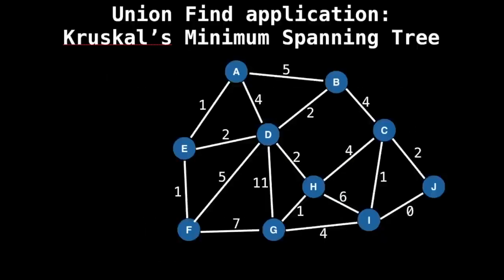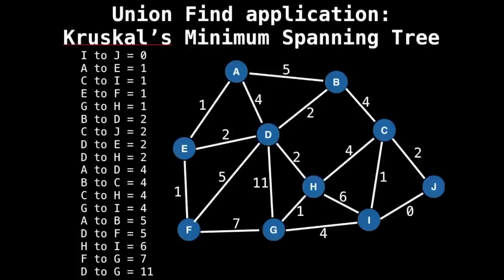So if this is our graph, then to run Kruskal's algorithm on it, first let's scale the edges and sort them. On the left side, you see I have all the edges and their edge weights sorted in ascending order.